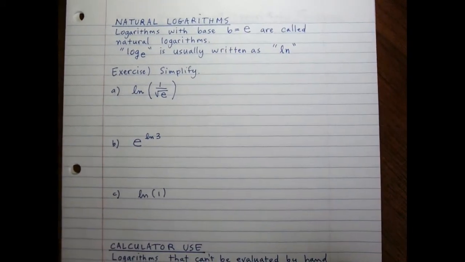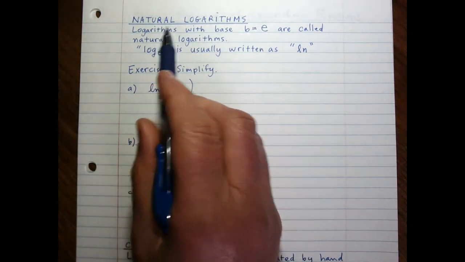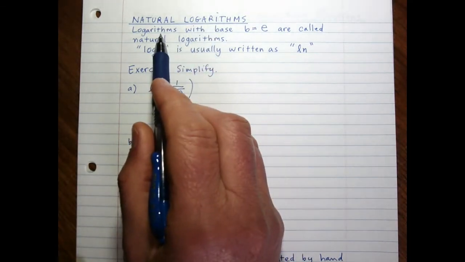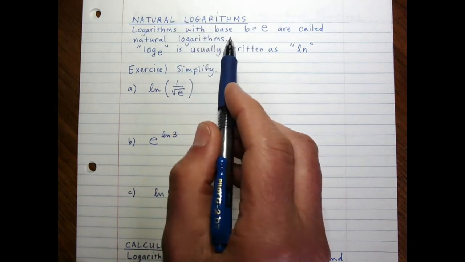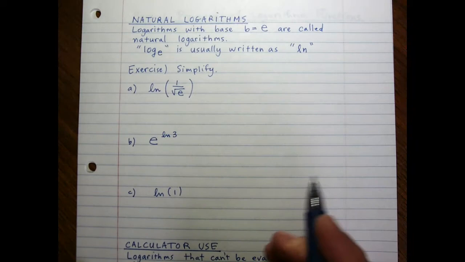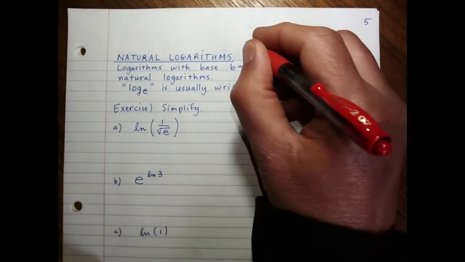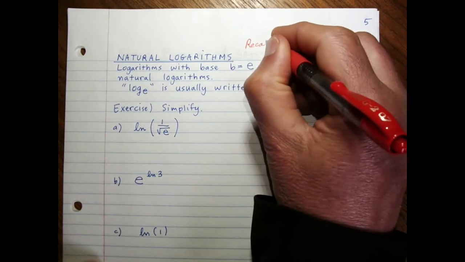There's another special kind of logarithm, even more important, in fact, much more important than common logarithms, are natural logarithms. Natural logarithms are logarithms written with base b equal to that number e. Recall that e is a constant.